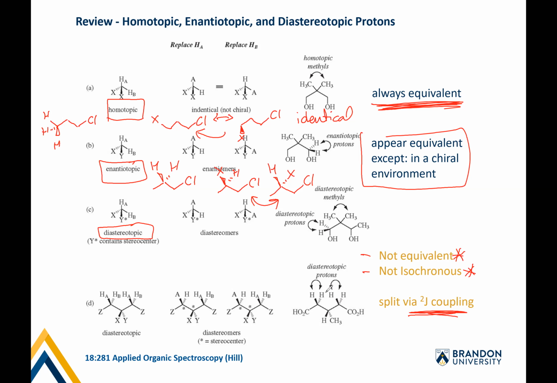And in this case, there has to be a stereocenter, which is chiral, next door to it. That's the point. Oh, so what they were doing here is swapping out the H with an A. I was swapping it out with an X. But anyway, it needs to contain a stereocenter of some type. And I think there's some nice little spectra on the next sheet, which we'll talk about.